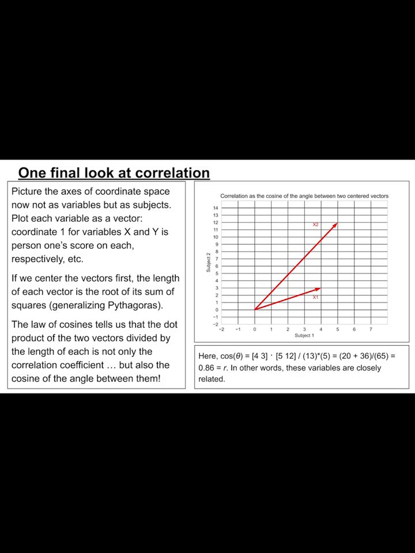So if you picture each of the variables here, again, not as axes, but as vectors in the space, the angular closeness of the vectors, or a simple transformation of it, the cosine, is another way of seeing how closely related the 2 variables are.